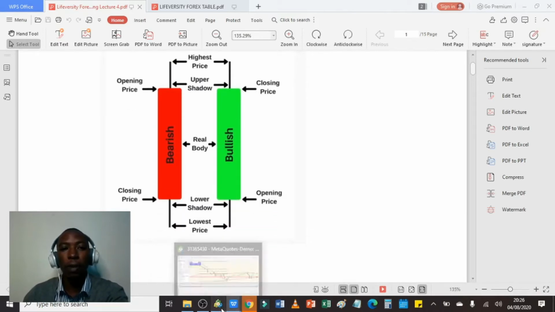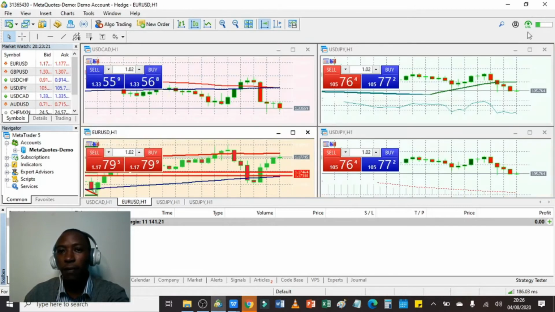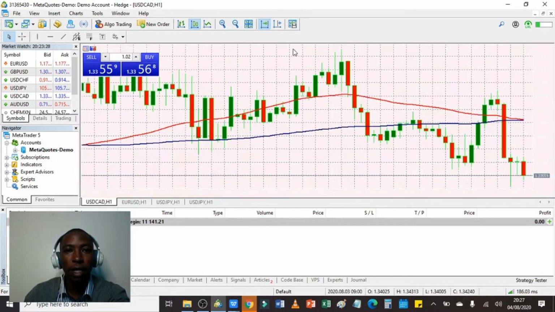Heading over to my trading chart, you can see I have them here on my chart. This is the Euro USD chart. I can simply switch over to another chart, maybe the USD CAD, the United States dollar, Canadian dollar. As you can see, the red ones for me are the bearish candlesticks, and the green ones are the bullish candlesticks.